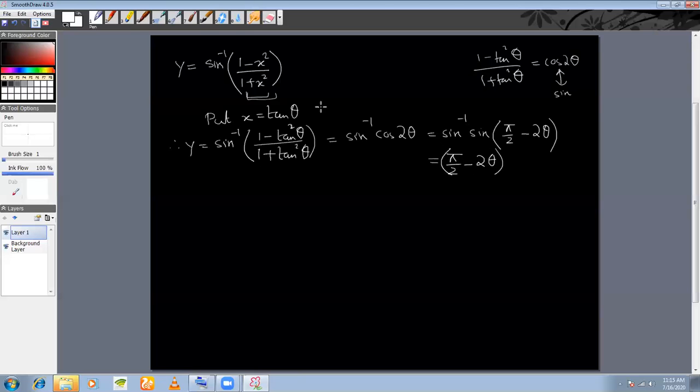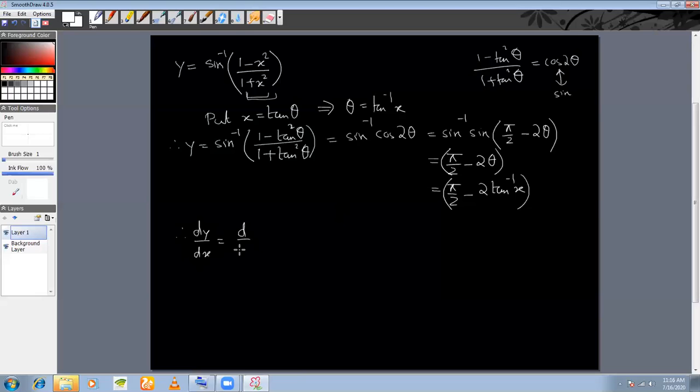And what is theta? If x is equal to tan theta, that means theta is equal to tan inverse x, which is equal to pi by 2 minus 2 tan inverse x.